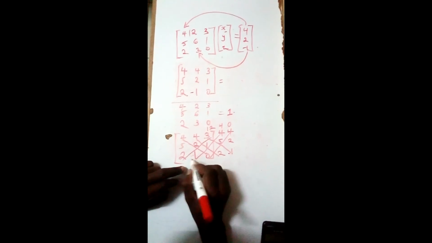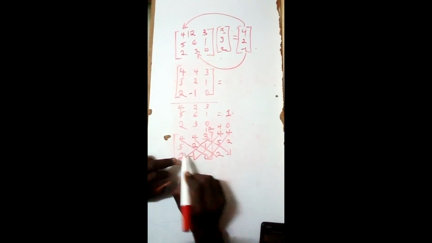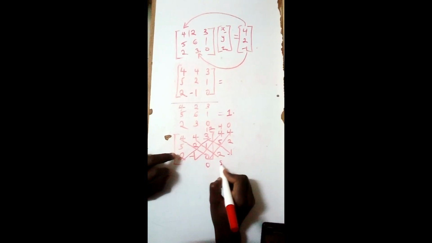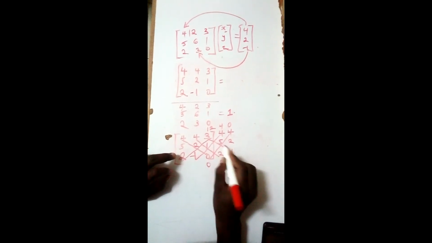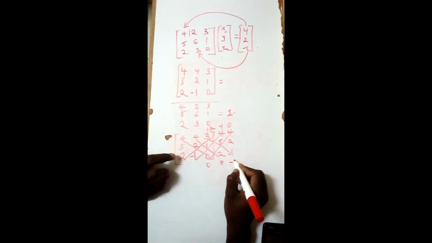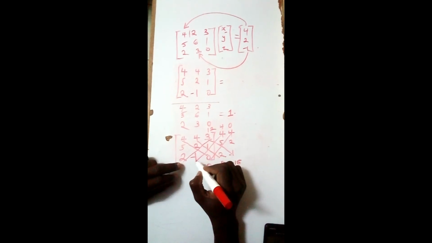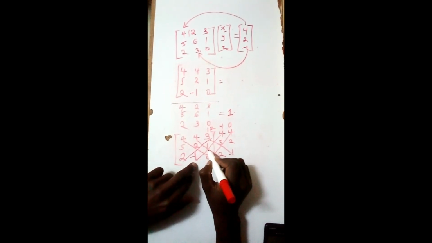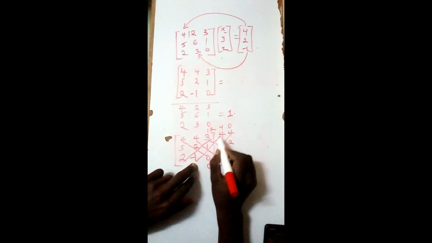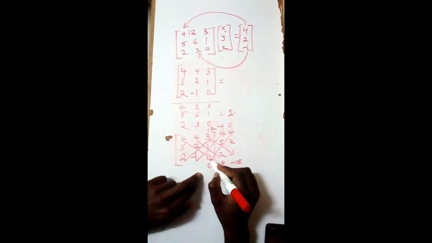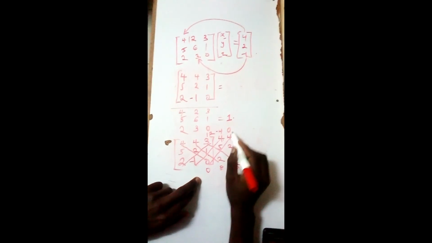After rubbing this one, let's now look at it. Here we have said it's a negative, so we're going to multiply this by this, which is going to give us 0, 8, then 3 by 5 by negative 1 is negative 15. Then this by this is going to give us 12, which is correct. Then this one, negative 1 by negative 1 by 1 by 4, which is going to give us negative 4. Then here is 0 by 5 by 4, which is 0.